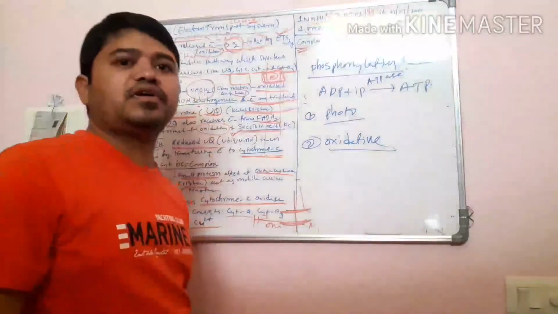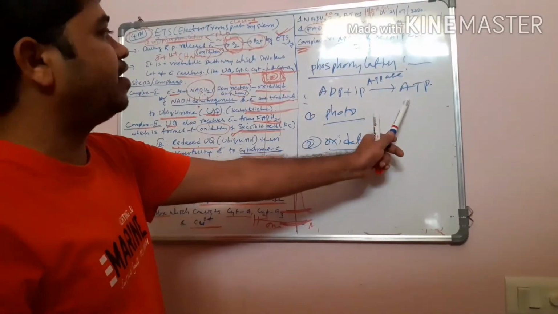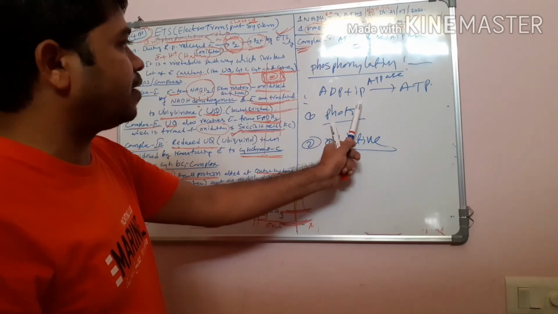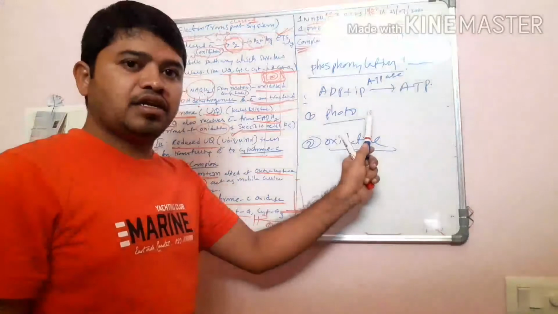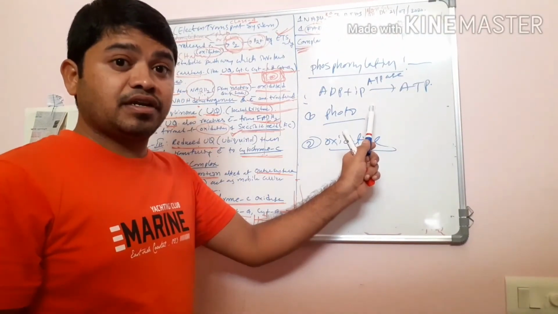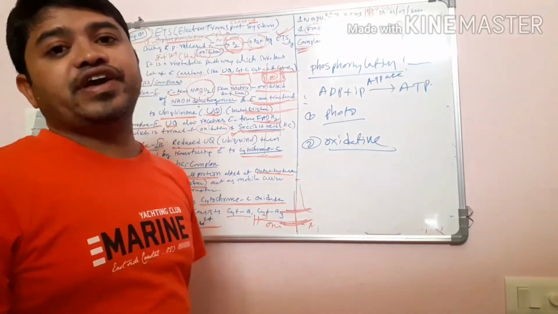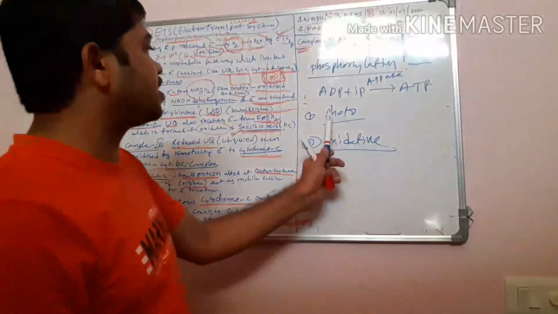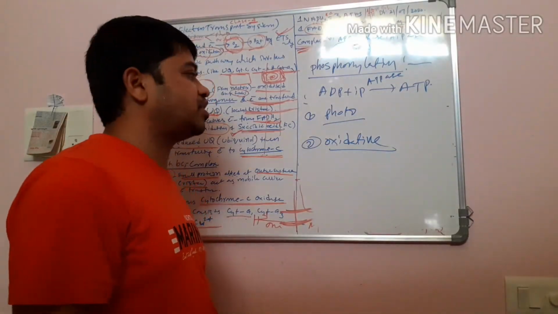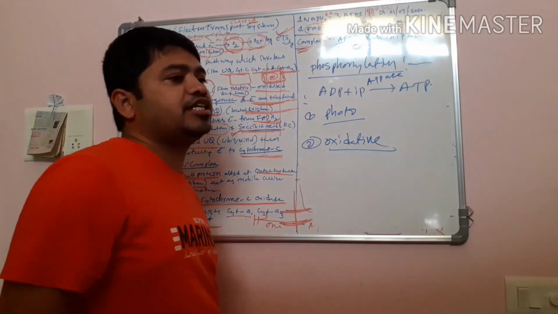What is photophosphorylation? The process of formation of ATP from ADP and inorganic phosphate in the presence of ATPase during respiration, where energy is utilized from where? Sunlight. That is commonly called photophosphorylation. Oxidative phosphorylation means what?